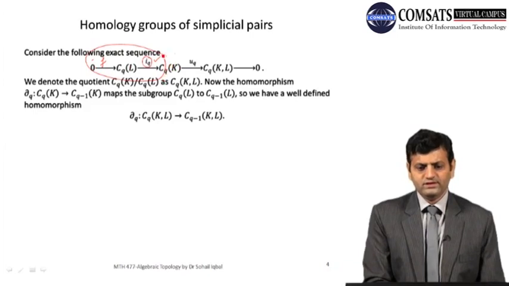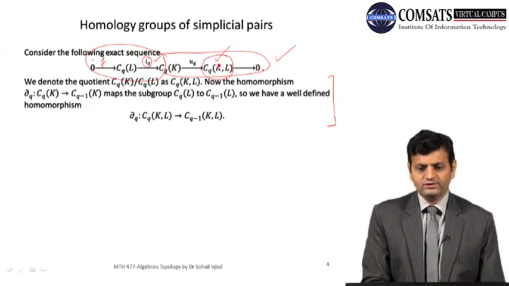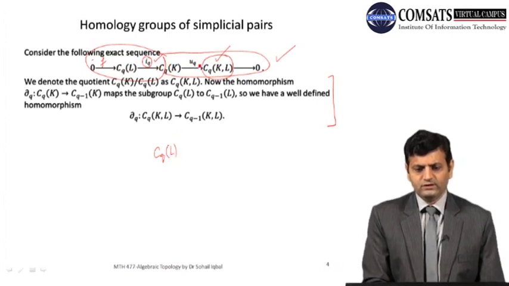Now consider this sequence, where UQ, okay, we will define what is UQ, and what is this element CQKL. So let's forget about this discussion and see what it should be. Because this is an exact sequence, what should this element be? The image of IQ is CQL, and it should be equal to the kernel of UQ.